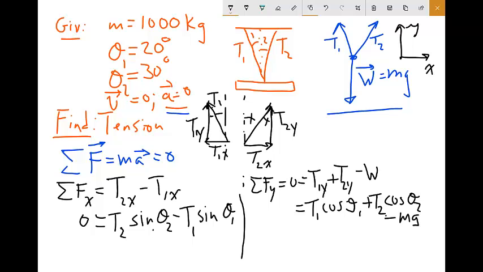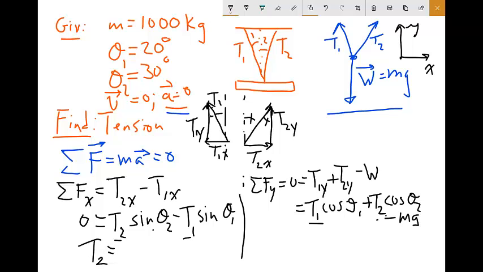Well, we're getting somewhere. Now we have two independent equations. The x and y components of the motion are independent, and we have two unknowns, T2 and T1. So we have a system of equations that we can solve pretty easily. For example, I can solve for T2 over here.